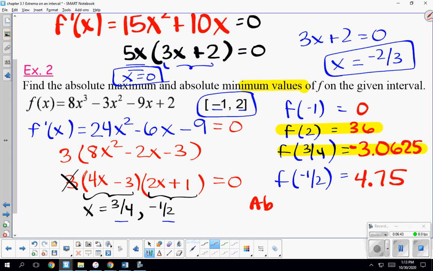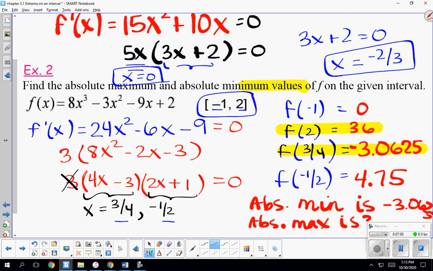So we would say we have an absolute minimum is negative 3.0625. That just means that's the lowest our graph is going to go ever on this interval. And my absolute maximum is going to be 36. Just means that's the highest that our graph is going to go, is up to 36.